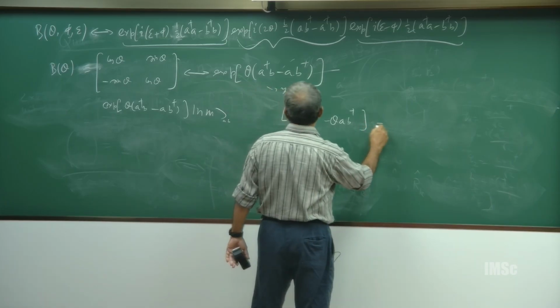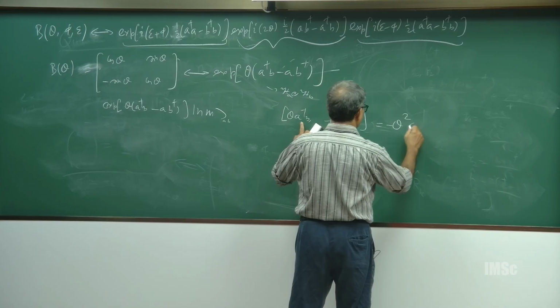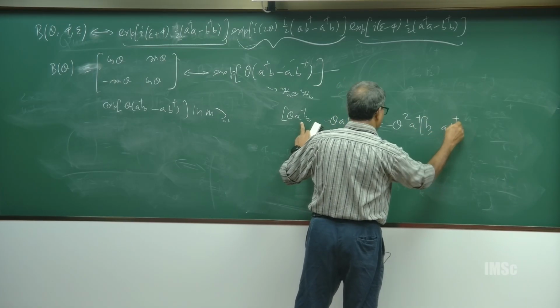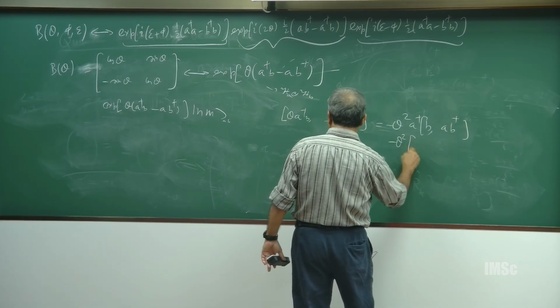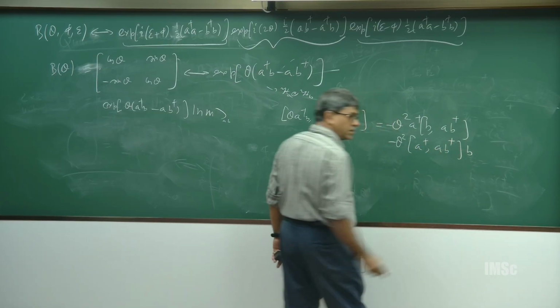So what will be this? This is minus theta square A dagger B A B dagger and minus theta square A dagger A B dagger B, right?